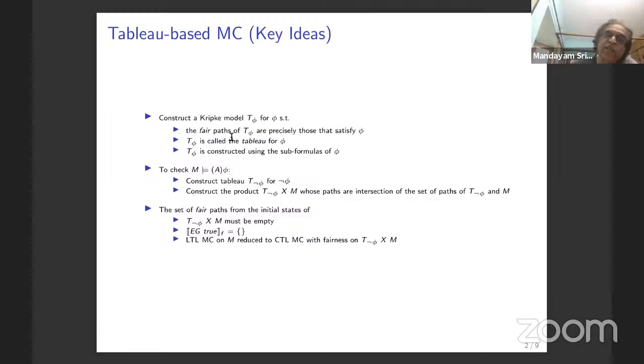So in that sense, the Kripke model with fairness conditions is almost equivalent to a Büchi automaton. I'm just giving you that connection. But here, in the tableau-based method, the first step is to construct a tableau for a given formula that you want to check.